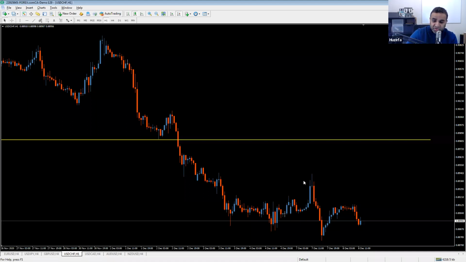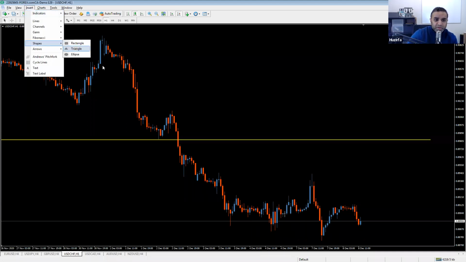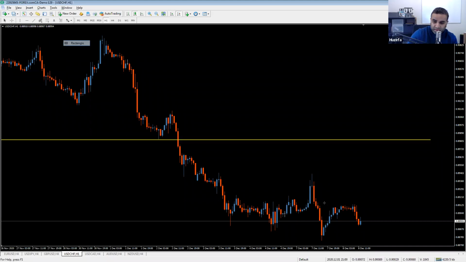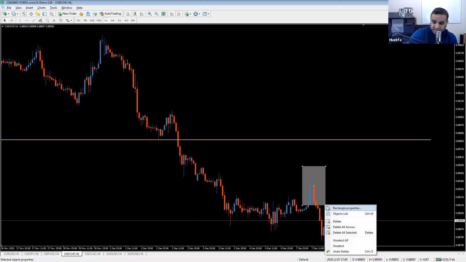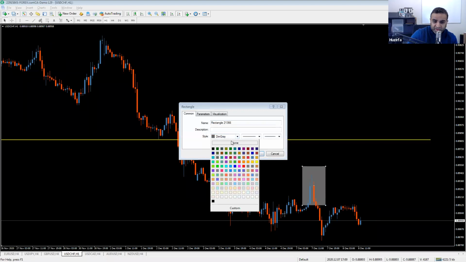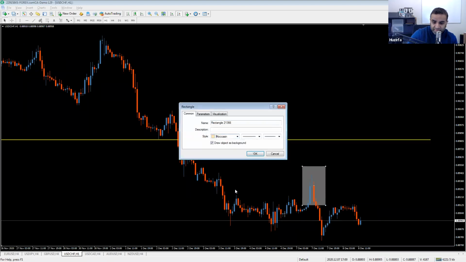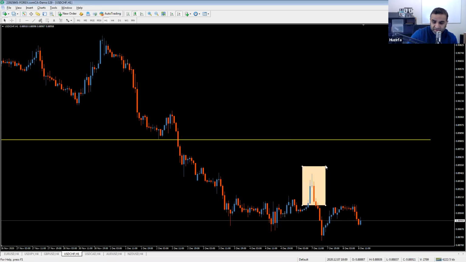It's in a range, but it tried to pop up around here. Let's find a color for this. There you go. It tried to make a move up, and again, it's swiftly sold off. So I'm bearish dollar Swiss.